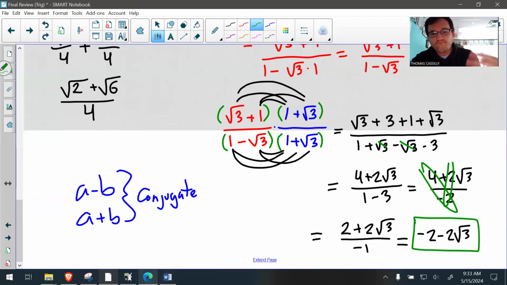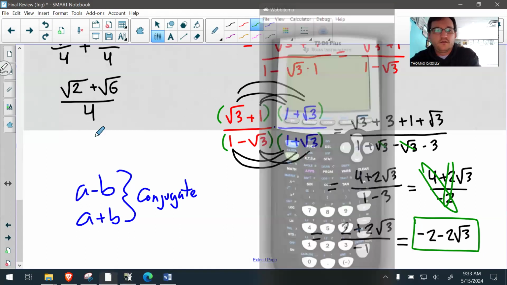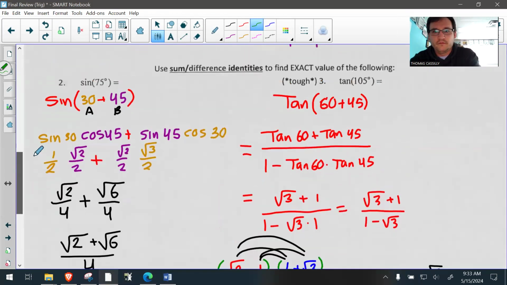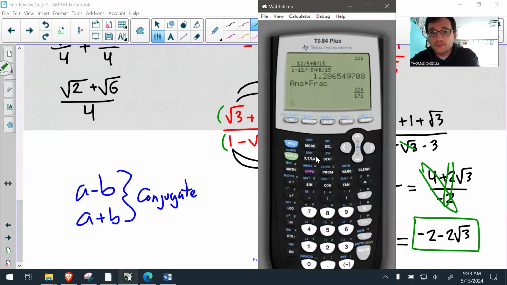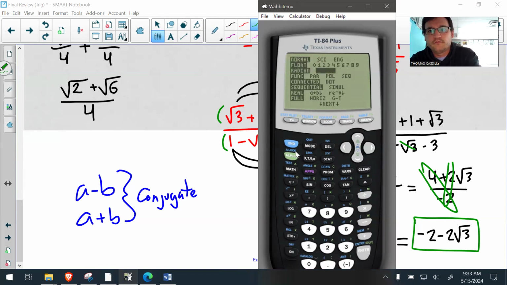Right? So if I plug in tangent of 105 into my calculator and making sure I'm in degree mode, because this is a degree, let's see what we get. All right, so the tangent of 105 can be some decimal.